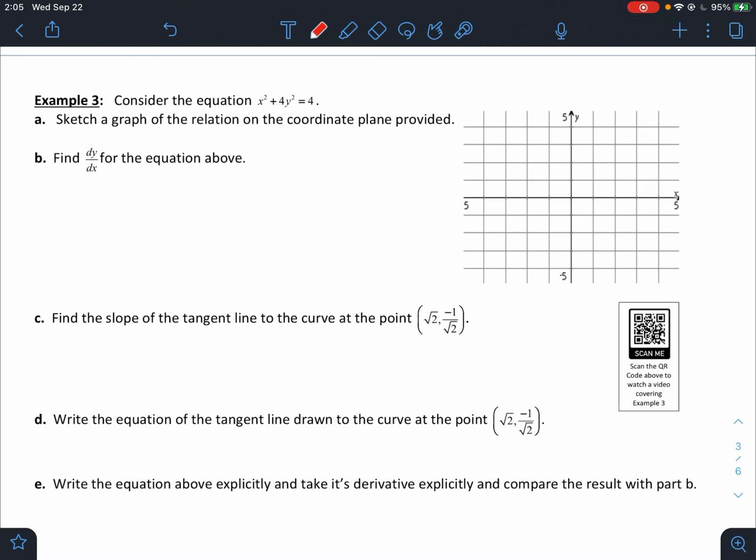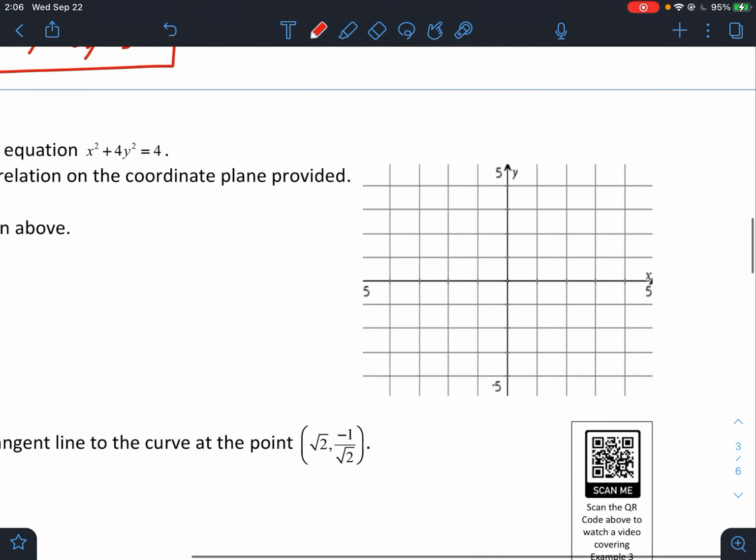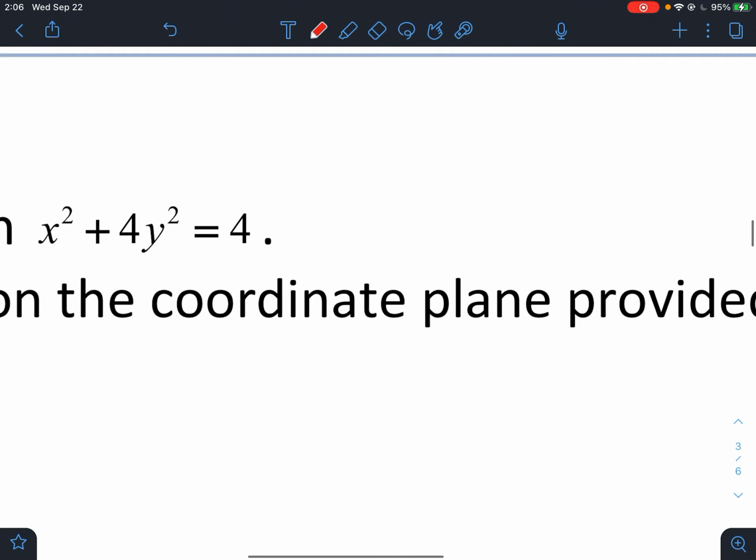The next one here has the equation x squared plus 4y squared equals 4. Hopefully you remember that from your Algebra 2 or pre-calculus days. That's just going to be an ellipse. If we were to sketch that here, first thing we should probably do is divide everything by 4. We get x squared over 4 plus y squared over 1 equals 1.